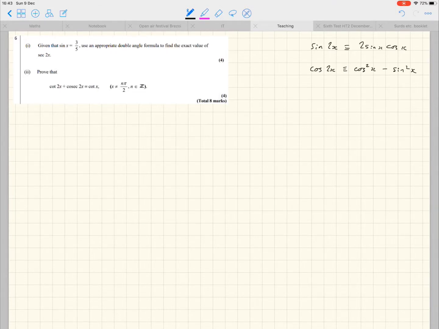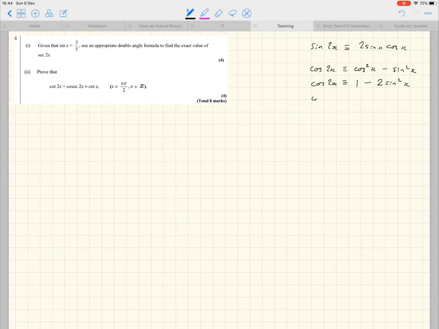But normally, you need to use a version of that formula where you've replaced cos squared x with 1 minus sine squared x. Therefore, the whole thing becomes 1 minus 2 sine squared x.